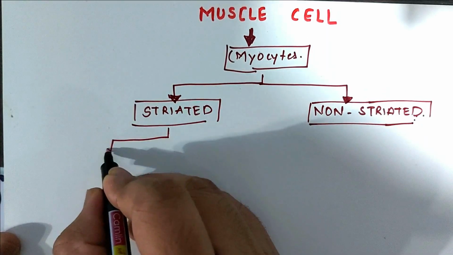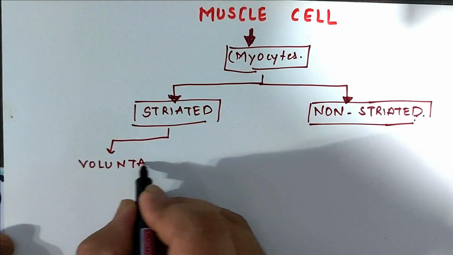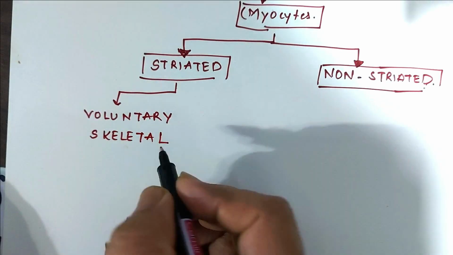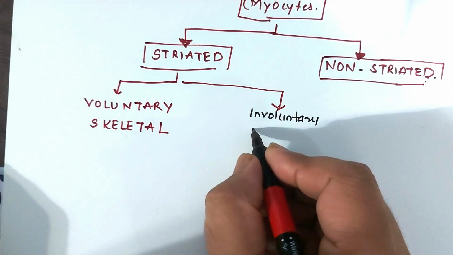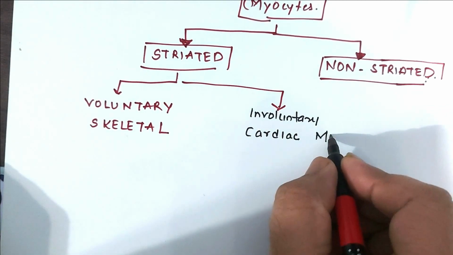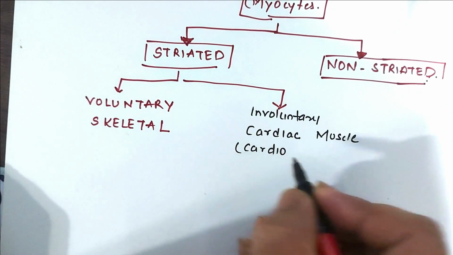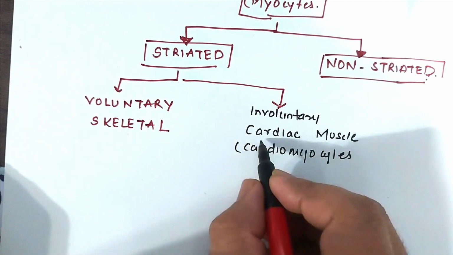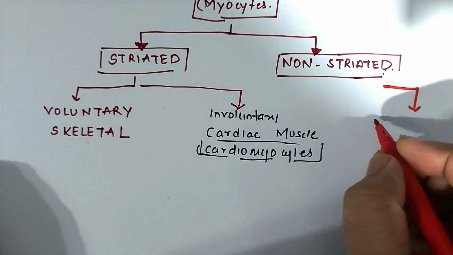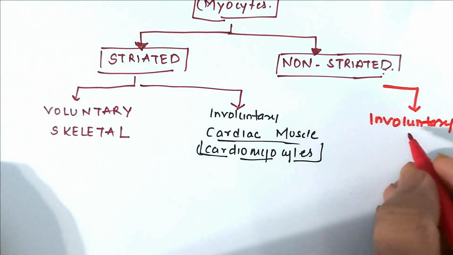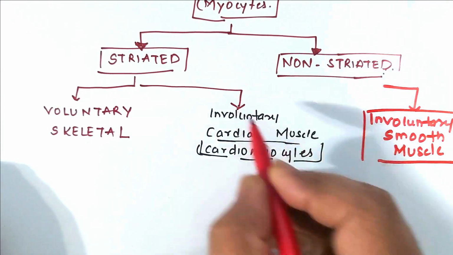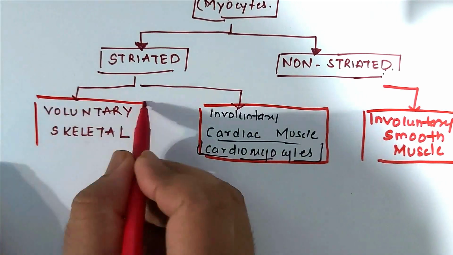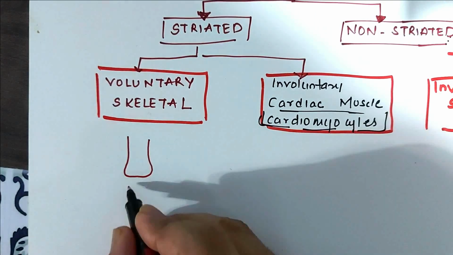Striated muscle cells are of two types: the voluntary skeletal muscle, responsible for movement, and the involuntary cardiac muscle, also known as cardiomyocytes; and in non-striated you have involuntary smooth muscle cells. So muscle cells are of three types: the smooth muscles, cardiac muscles, and the skeletal muscles.